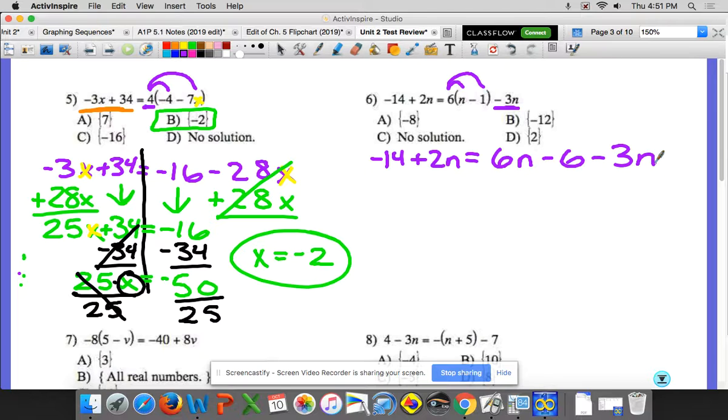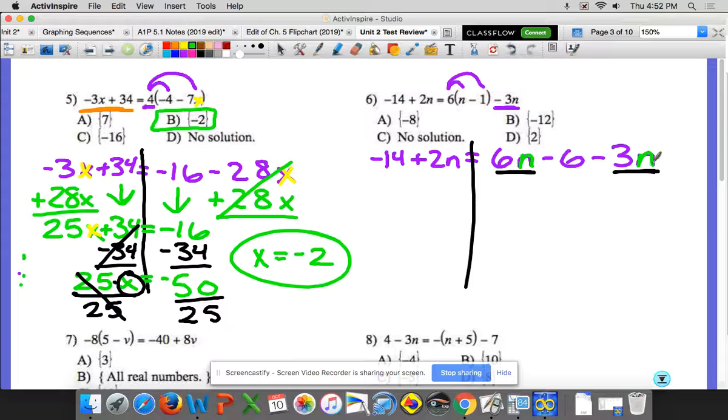So at this point, we do have like terms, and those like terms are 6n and 3n. And those are on the right side, so remember, we cannot combine the 6n with the negative 6 or the negative 3n with the negative 6, because these have a variable. And the variable is what makes them different, but it also makes the 6n and the negative 3n the same.